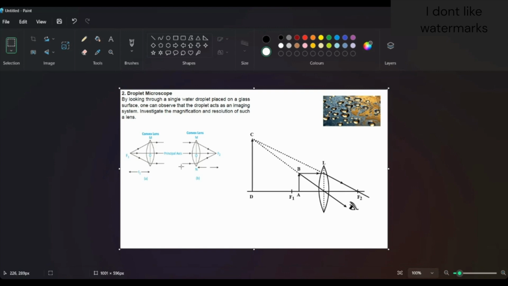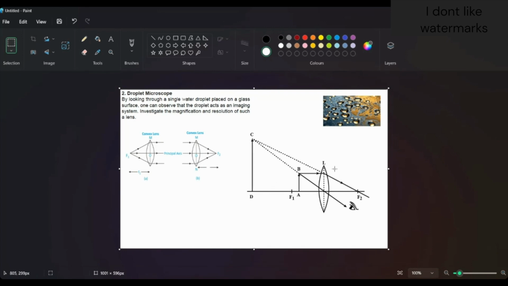The second focal point is a point F2 on the principal axis of the lens such that rays of light incident on the lens parallel to the principal axis, after refraction, pass through it. So parallel rays going through the lens will refract and come to the second focal point, and this has a small f2 which is equal to the small f1. Both the foci are located at the same distance on either side of the lens.